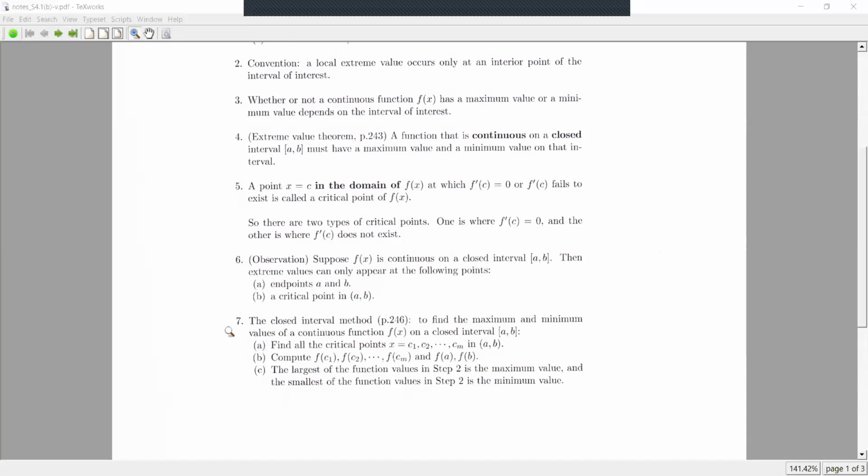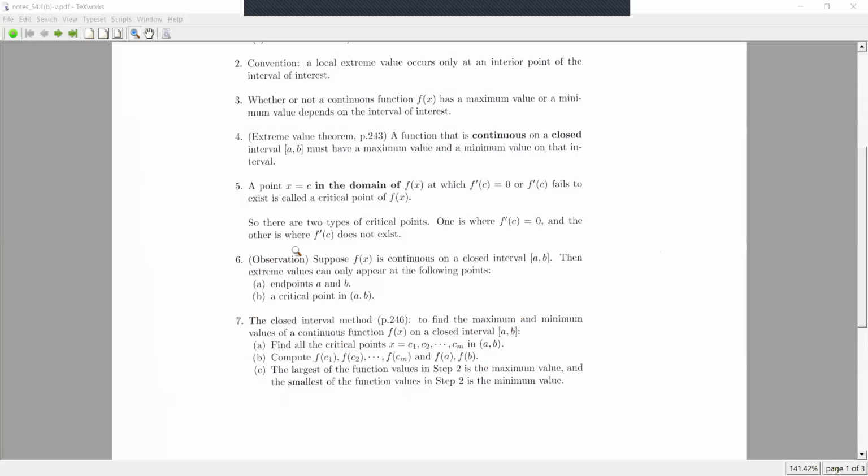This is review number 7. To find the maximum and minimum values of a continuous function on a closed interval. Again, a continuous function on a closed interval is guaranteed to have a maximum and minimum on the interval. Now, how to find the maximum and minimum over this interval?